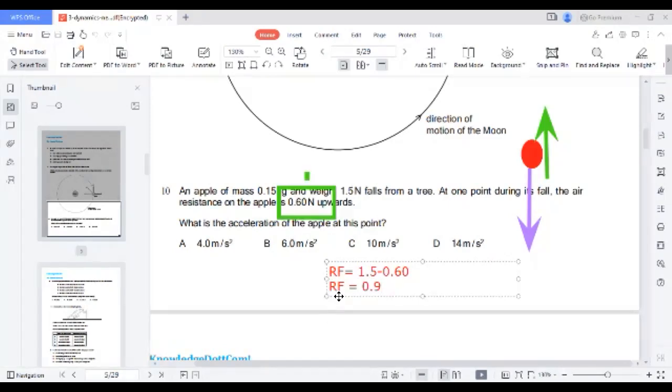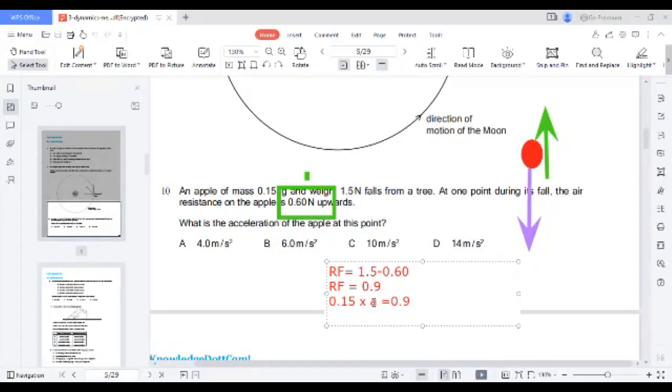So we know that force is m times a, and mass is given as 0.15 times acceleration a, which is equal to 0.9.